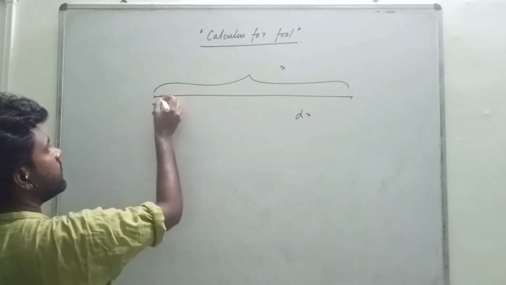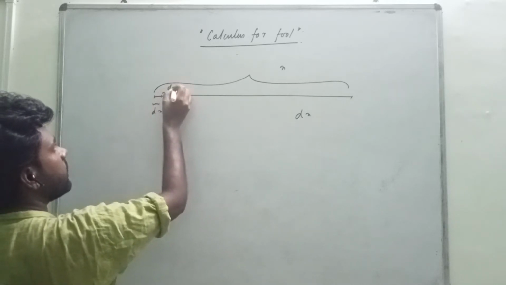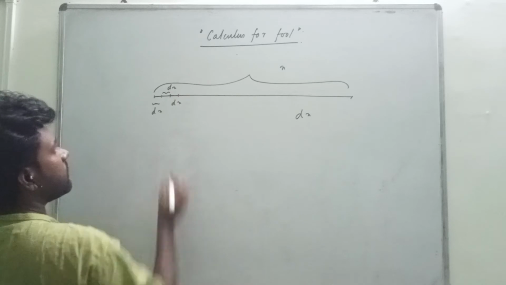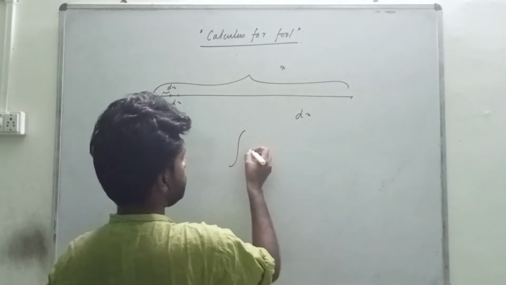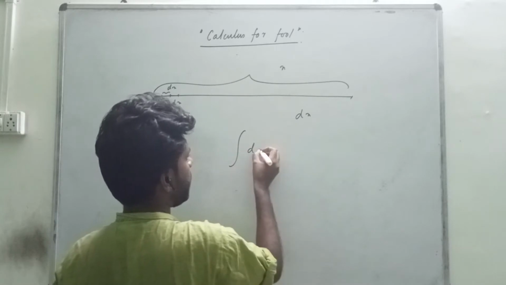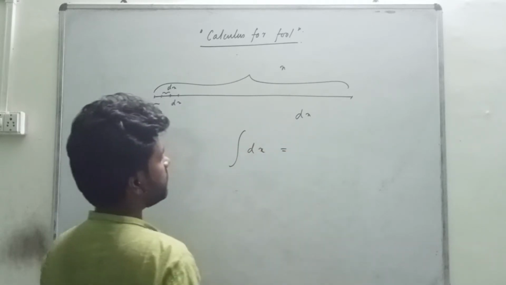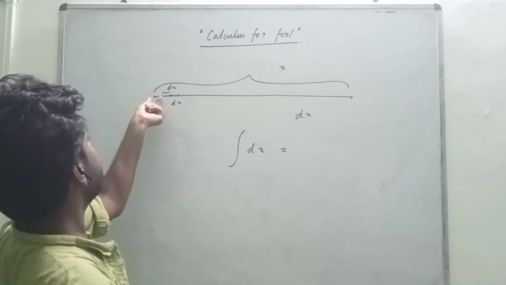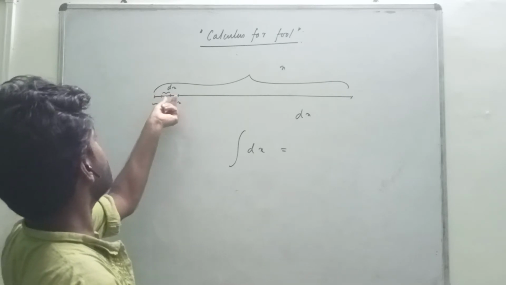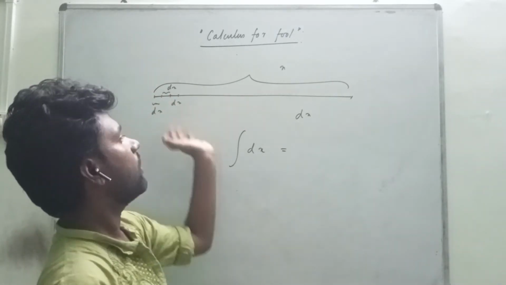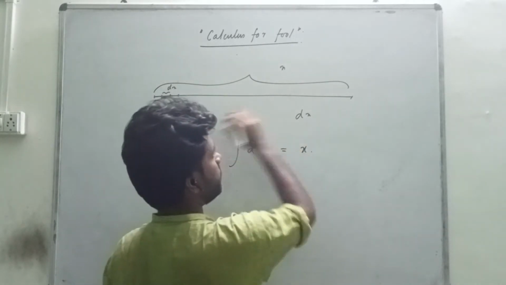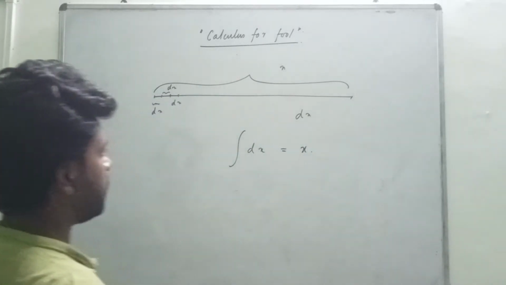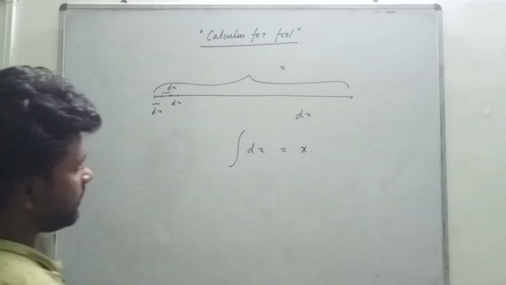The integral sign means sum of a little bit of x. That means if you add these very small pieces one by one, you will get the full length of this straight line x. It's a very simple thing.